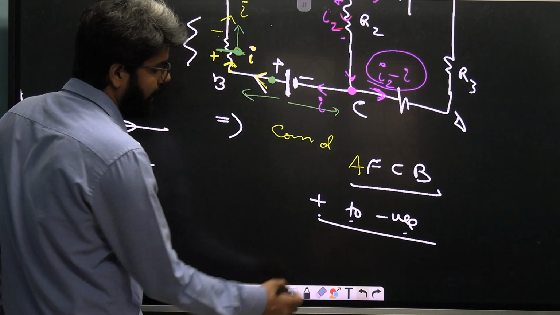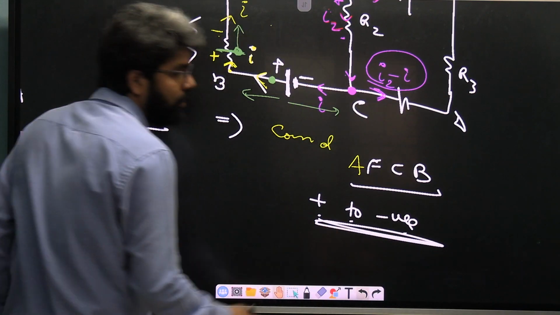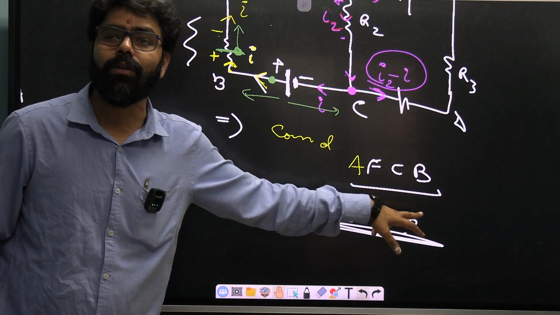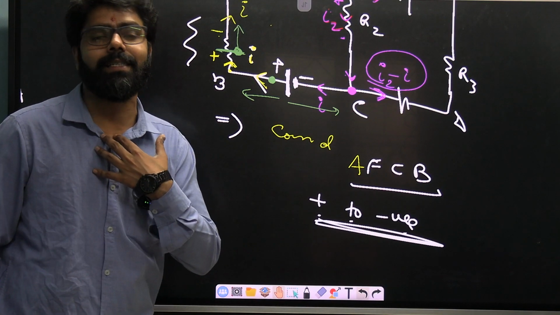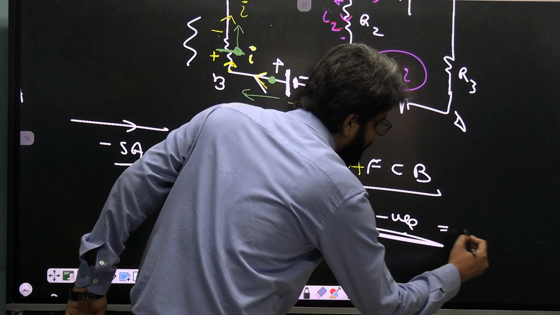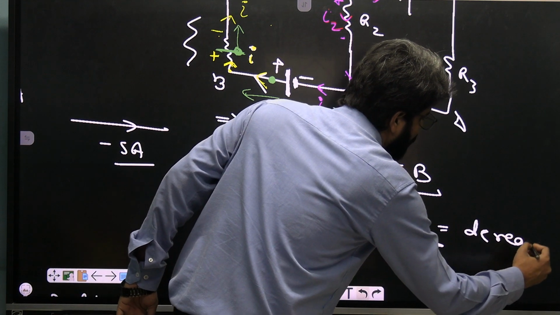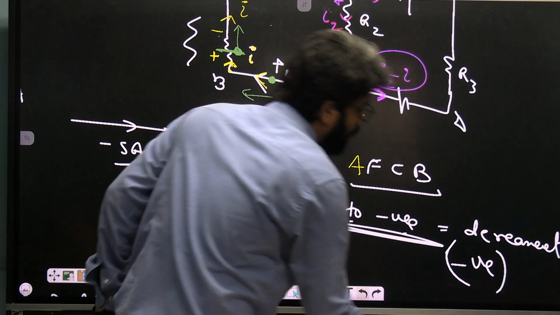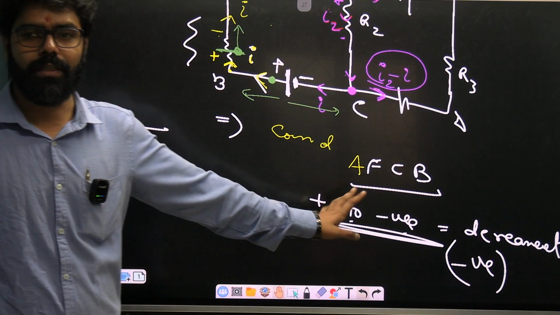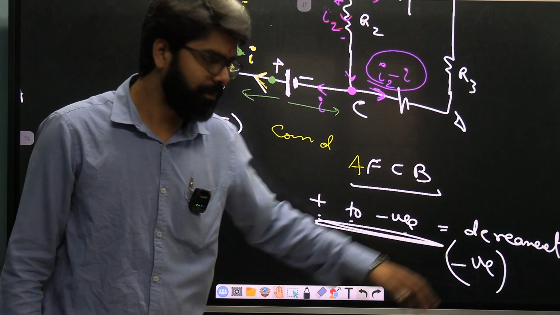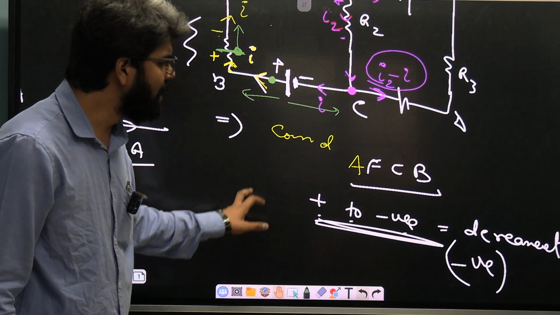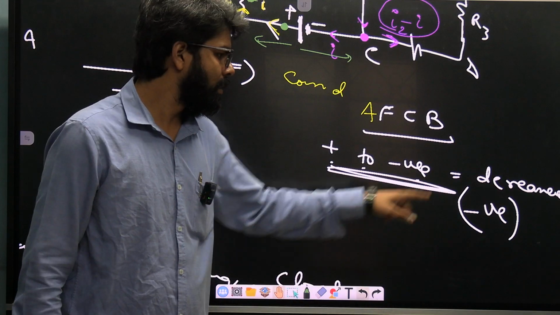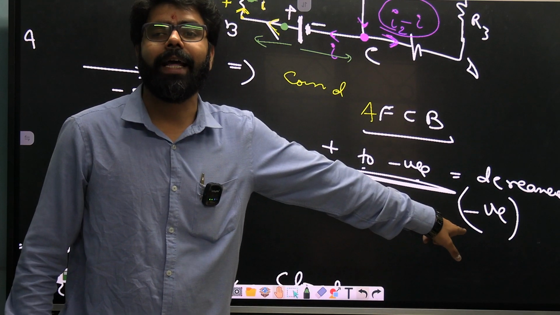And before that voltage, according to the sign, you put a sign. Here the sign is positive to negative when you move. For my convenience, I suggest understanding it as a decrement, so the sign of the voltage you take as negative. If you want positive, you can keep that. No worries, you will get the same answer. But for my convenience, when it is positive to negative, that means I am degrading myself, so I take the voltage to be negative.